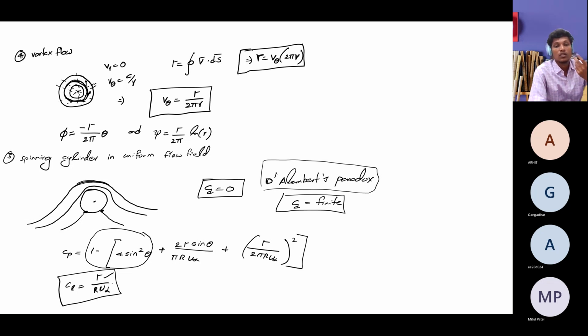What is the non-dimensional lift coefficient that you will get if you have some circulation in the flow field, some characteristic length of the body and the free stream velocity? It relates beautifully with all the simple parameters present in the flow field. If you write in a dimensional way, lift per unit span equals gamma rho infinity u infinity, the lift on the cylinder, which we call the Kutta-Joukowski theorem.